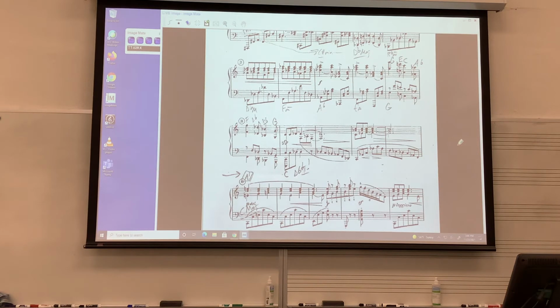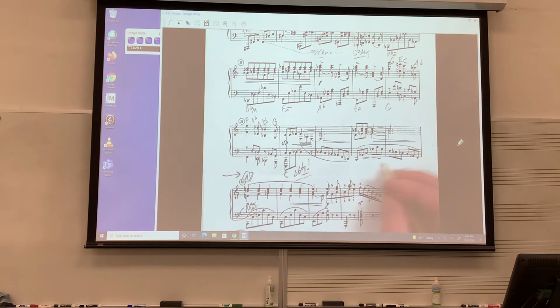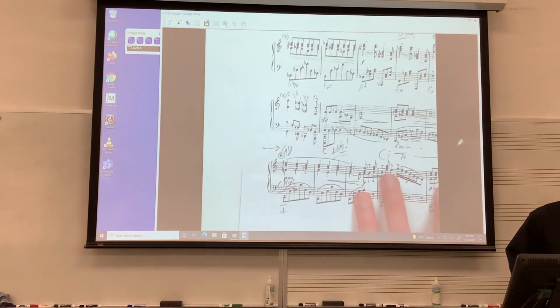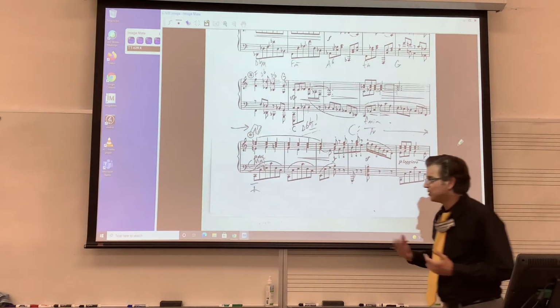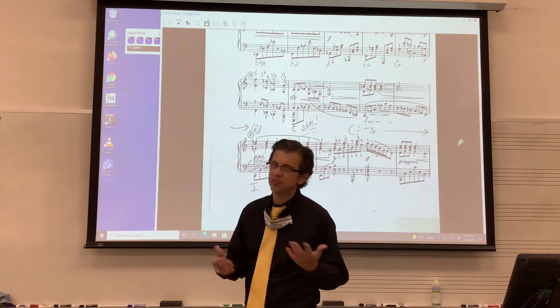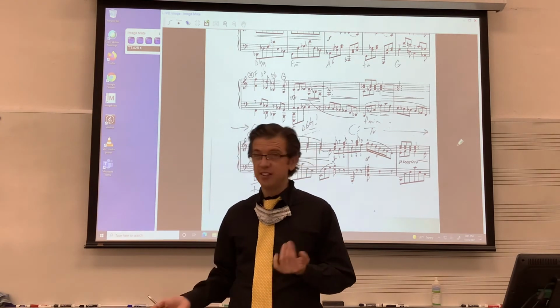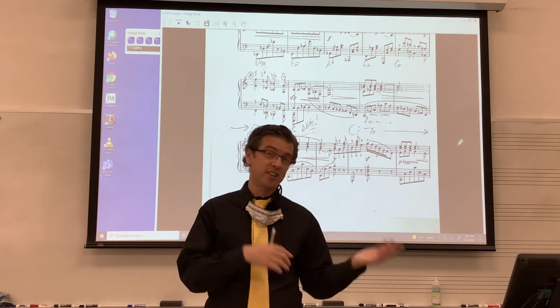So we get D flat major, and then we get F minor, and he gives us plagal motion to get back to the home key. So we've been waiting this whole time to actually hear a cadence in C major. We still haven't heard it. We've heard really, really weak authentic cadences in A major, which is of course not C major.